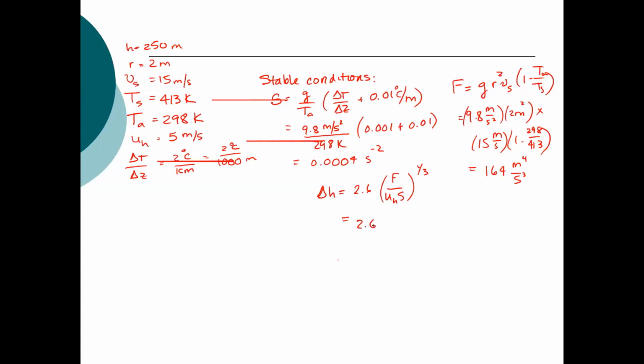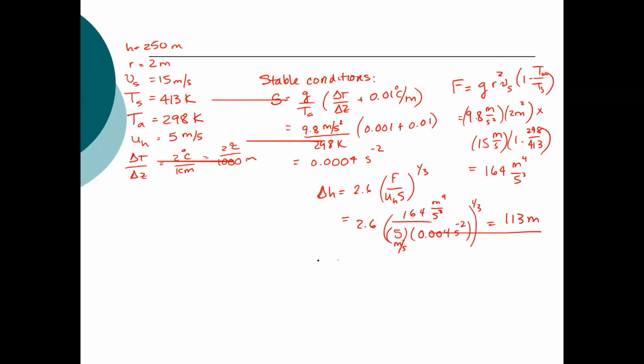And this is 2.6 times 164 over 5 meters per second times 0.0004. And this is meters per second, and this is meters to the fourth per second cubed, and this is to the 1/3. And this is equal to 113 meters.